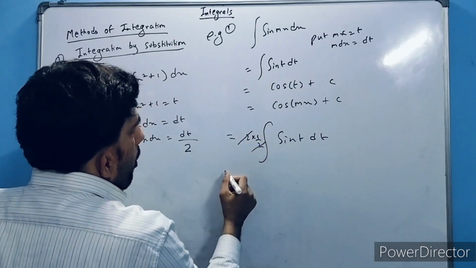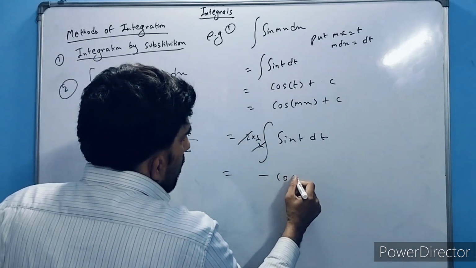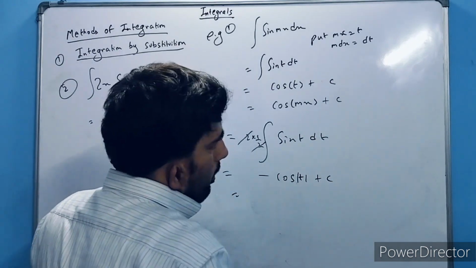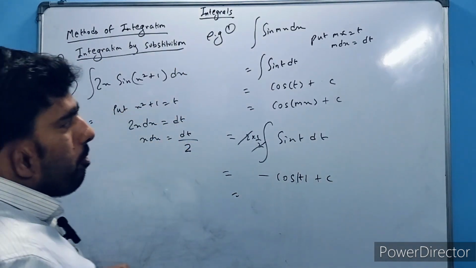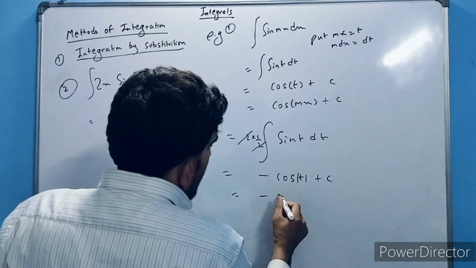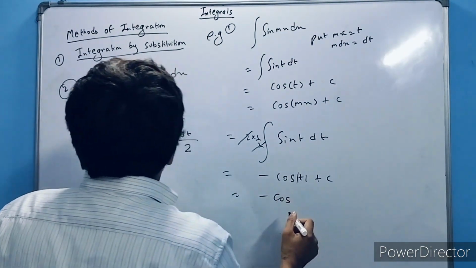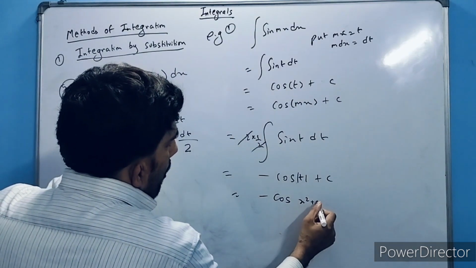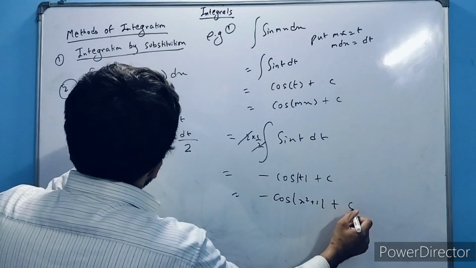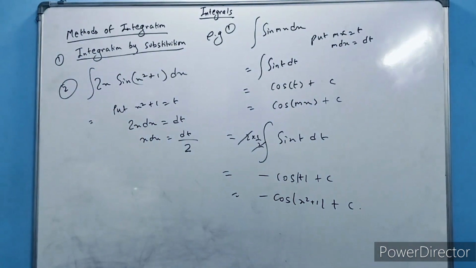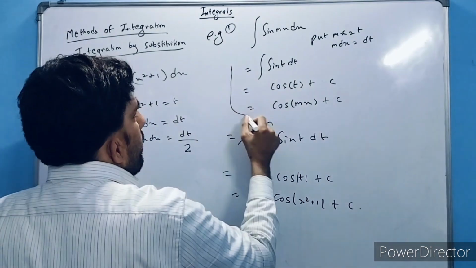Now we get minus cos t plus c, using the formula we learned yesterday. What is t here? I have taken t as x square plus 1. So that is how we can solve this numerical.